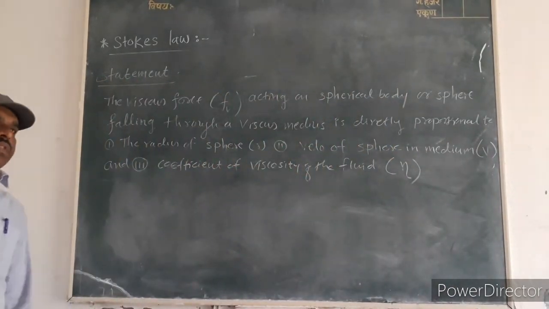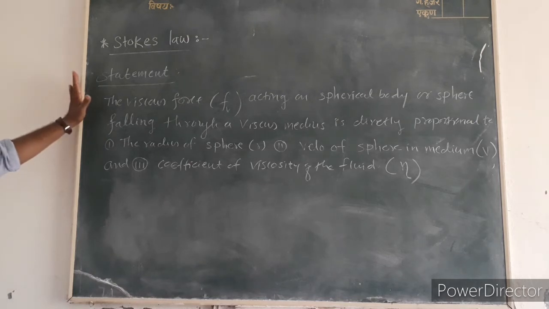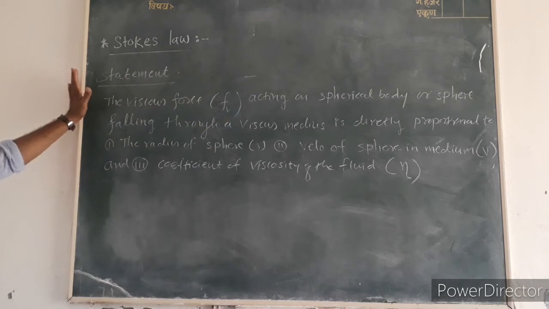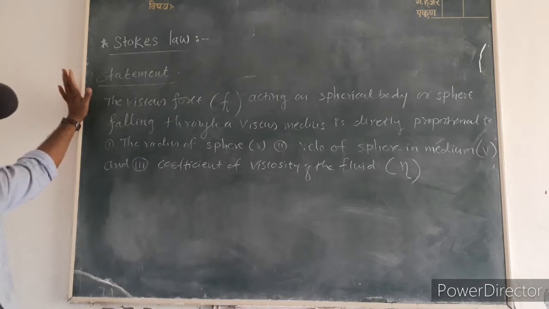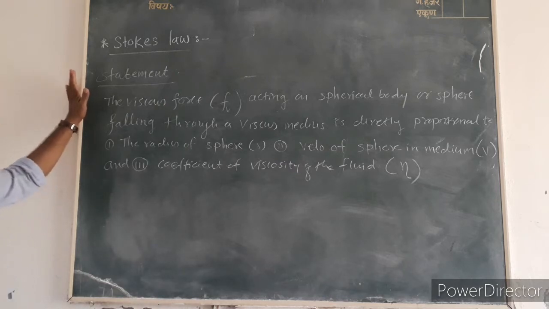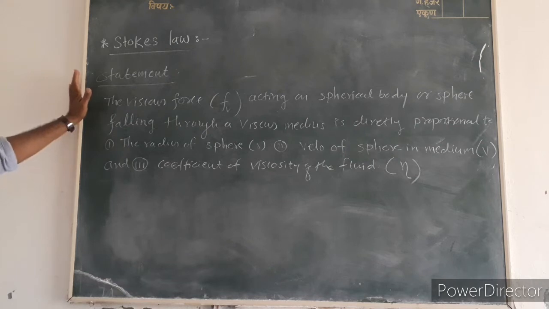The statement of Stokes' law: the viscous force F acting on a spherical body or sphere falling through a viscous medium is directly proportional to, number one, the radius of the spherical ball, number two, its velocity in this given medium, and number three, the coefficient of viscosity.